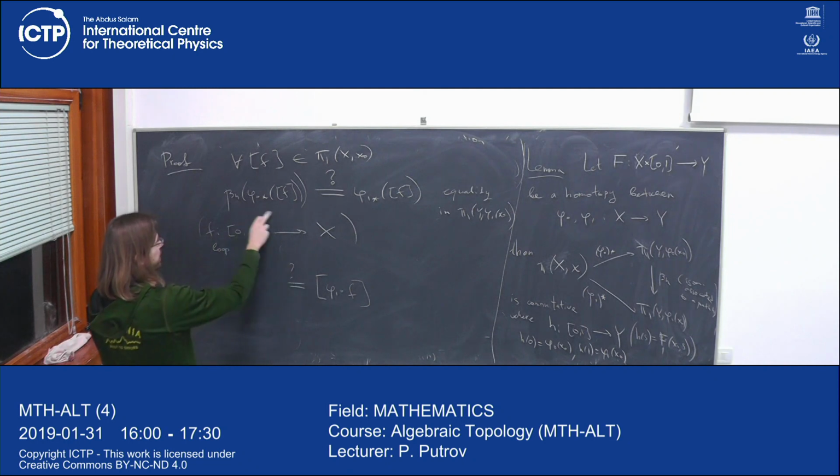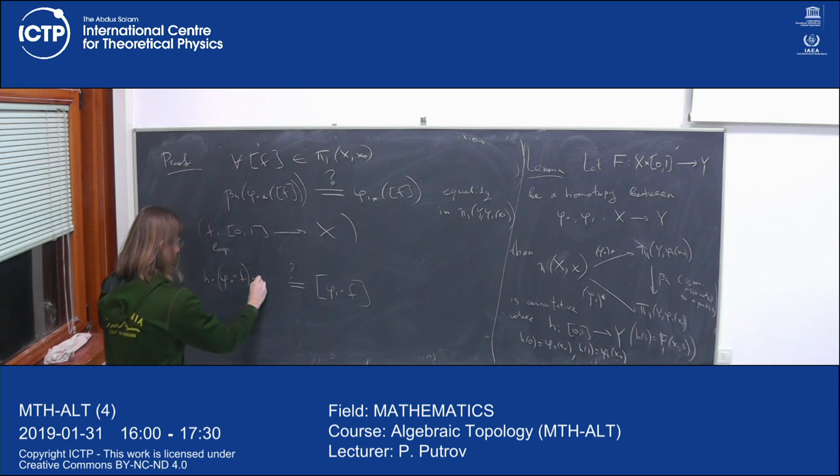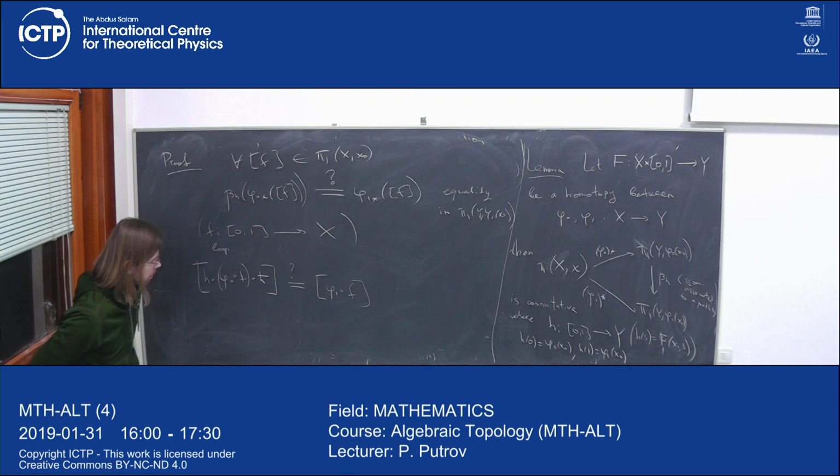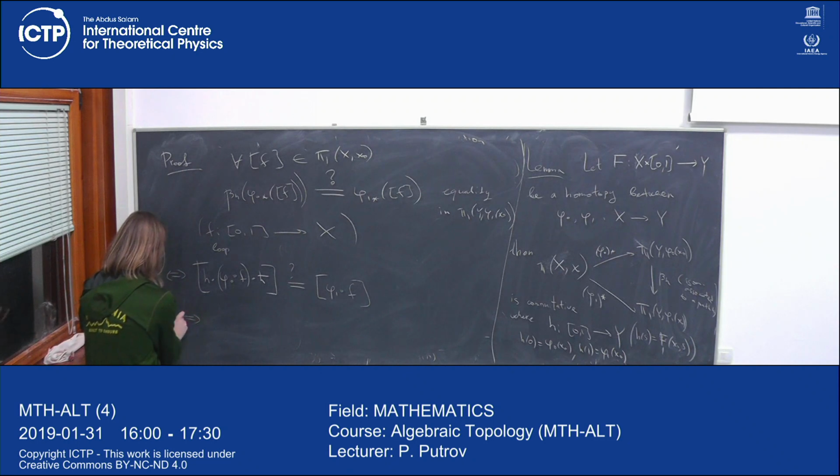For the left hand side, if you remember the definition of BH, I take the composition of paths: h bar, the inverse path of h, then phi 0 composed with f, and then h.